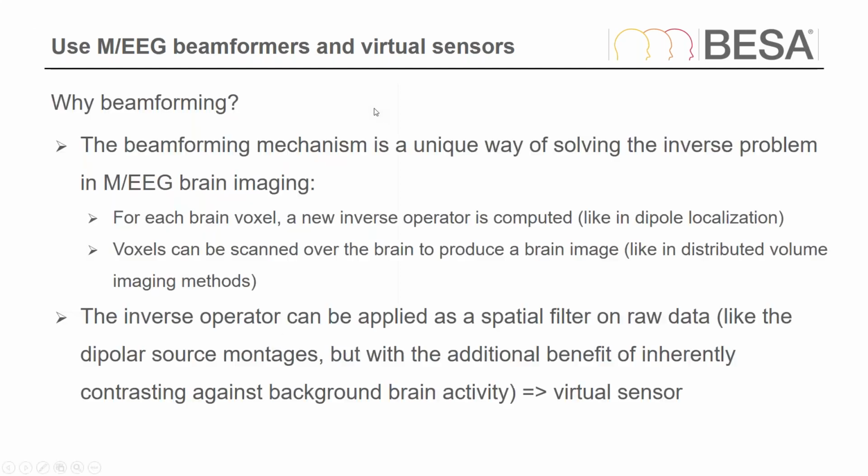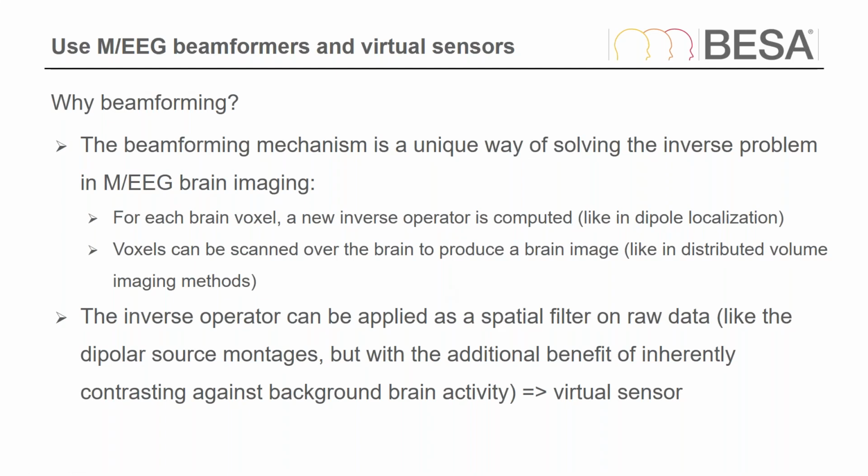So why should we do beamforming? The beamforming mechanism is a unique way of solving the inverse problem in MEG and EEG brain imaging. For each brain voxel, a new inverse operator is computed. This is like in dipole localization. These voxels can then be scanned over the brain to produce a brain image, and this is like in distributed volume imaging methods.